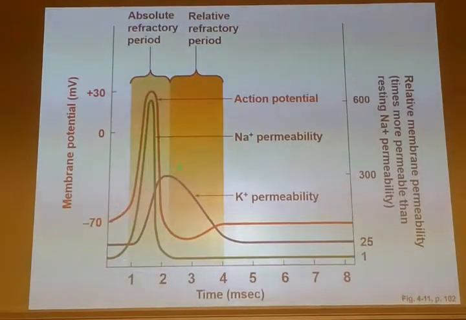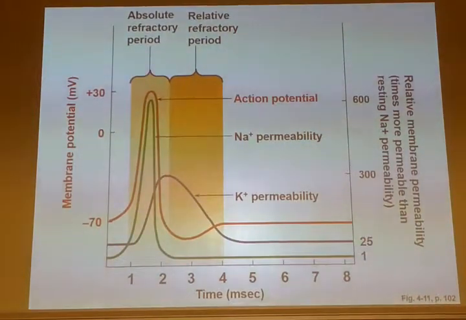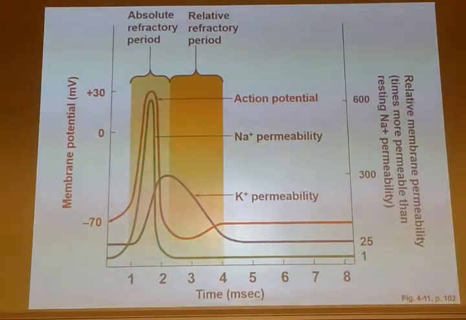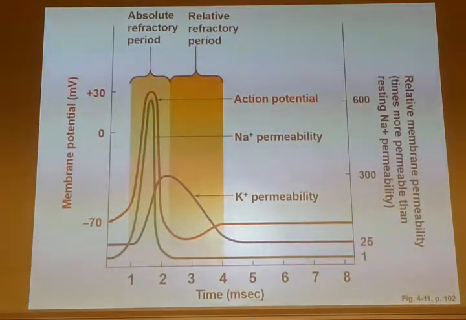So potassium channels close and now the efflux is decreasing. Positive charge starts to accumulate, and you start going from minus 80 back to resting membrane potential. As permeability decreases for potassium, the charge inside your neuron starts to go in the positive direction again. You're starting to accumulate potassium inside the cell.